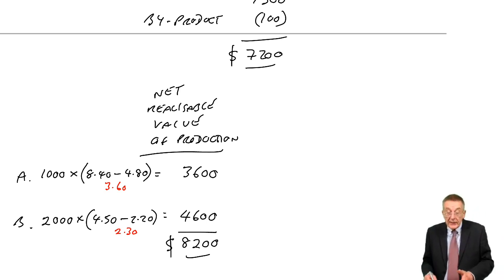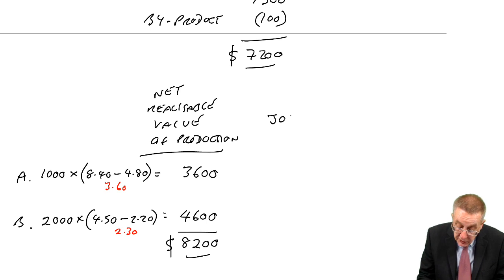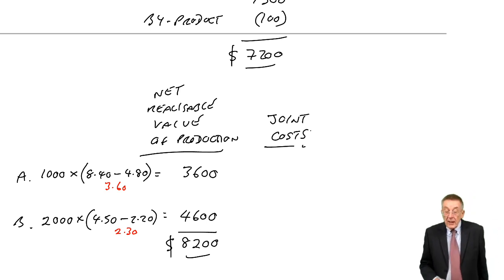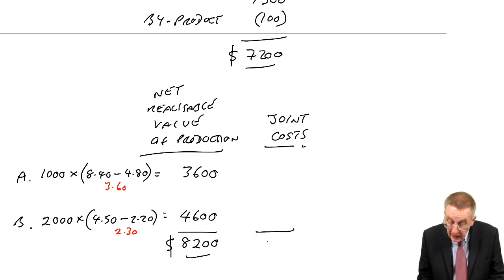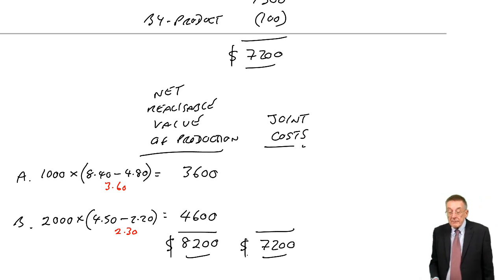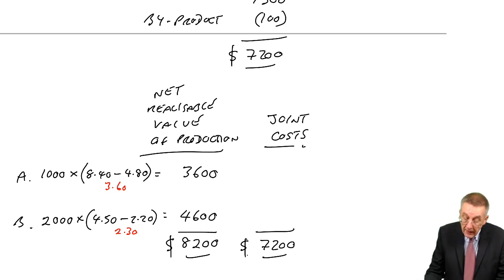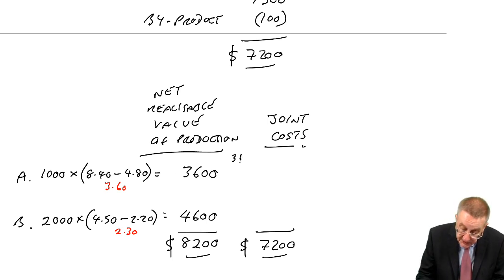And so using those values, we'll now split our joint costs the way we did before, market value approach. The joint costs are 7,200. In terms of net realizable value, A is 3,600 out of a total of 8,200, whereas B is 4,600 out of a total of 8,200.